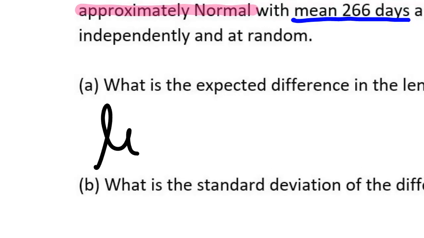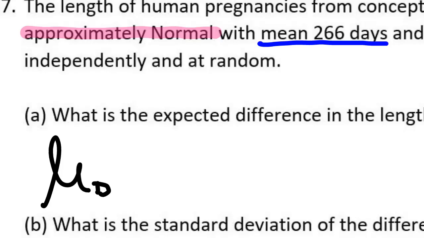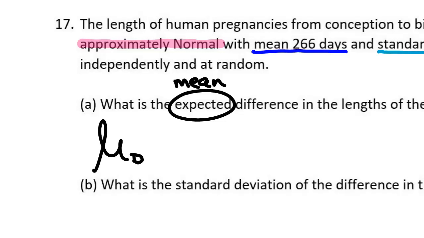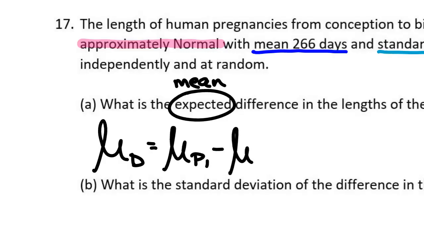So the expected difference, anytime you see expected, we're asking about the mean. So the expected difference, that's supposed to be a D right there for difference, would be the mean of pregnancy 1 minus the mean of pregnancy 2.